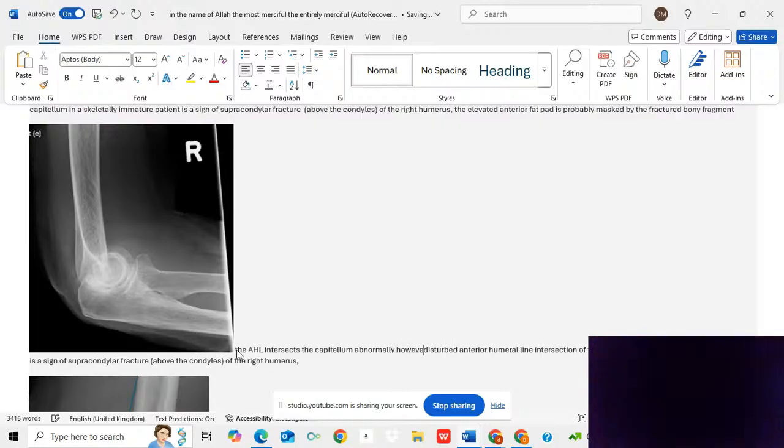However, it intersects the olecranon normally. Disturbed anterior humeral line intersection, supracondylar fracture, no elbow dislocation.